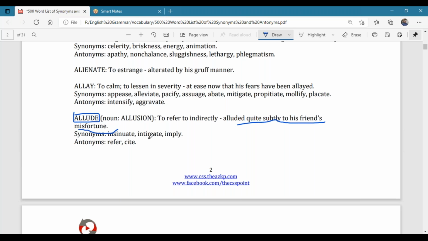All these are synonyms, whereas antonyms are something you refer to directly. There is also a phrasal verb, allude to something or allude to somebody. There are not many antonyms you can identify for allude, but these are the suggested ones.